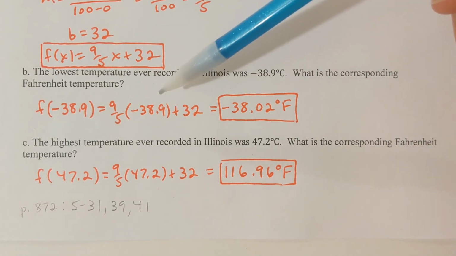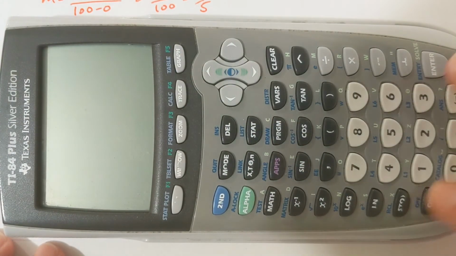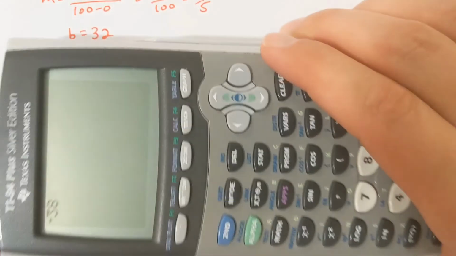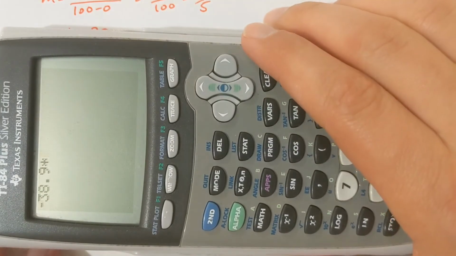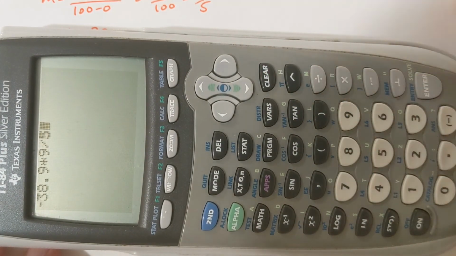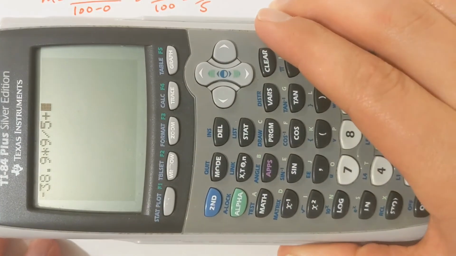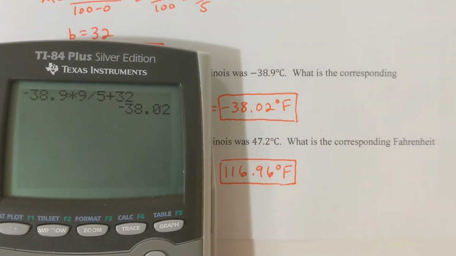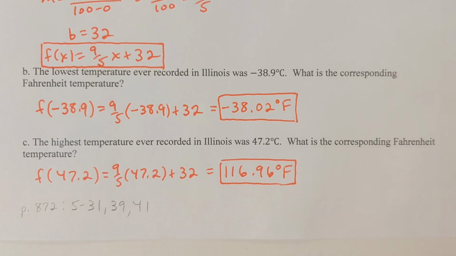So if we take negative 38.9 times 9/5 and then plus 32, I'm getting negative 38.02 degrees Fahrenheit. Okay, so that'd be the answer to part B.